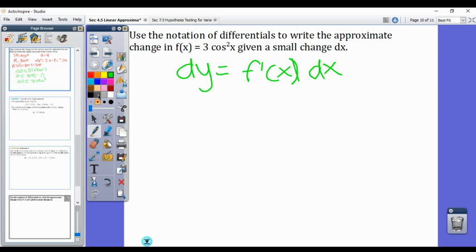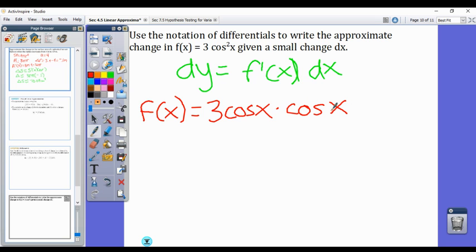So the first thing that I'm going to do is find the derivative of f of x. I'm going to rewrite my function to say 3 cosine x times cosine. This just helps remind me that I need to do the product rule.